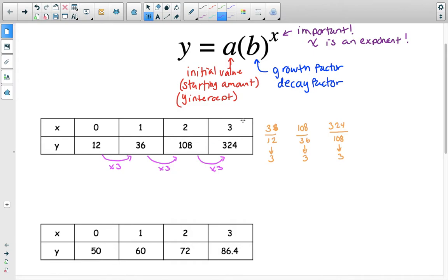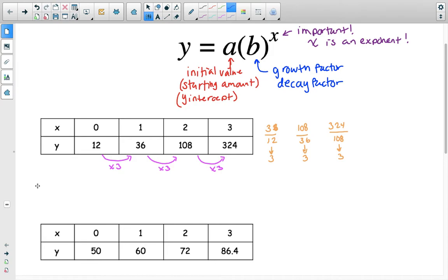We can write the recursive equation, our now-next equation, and we can also write our explicit equation, which is our formula, using y equals a times b to the x. So recursive goes from now to next. We can also use the a sub n, which we'll do later.